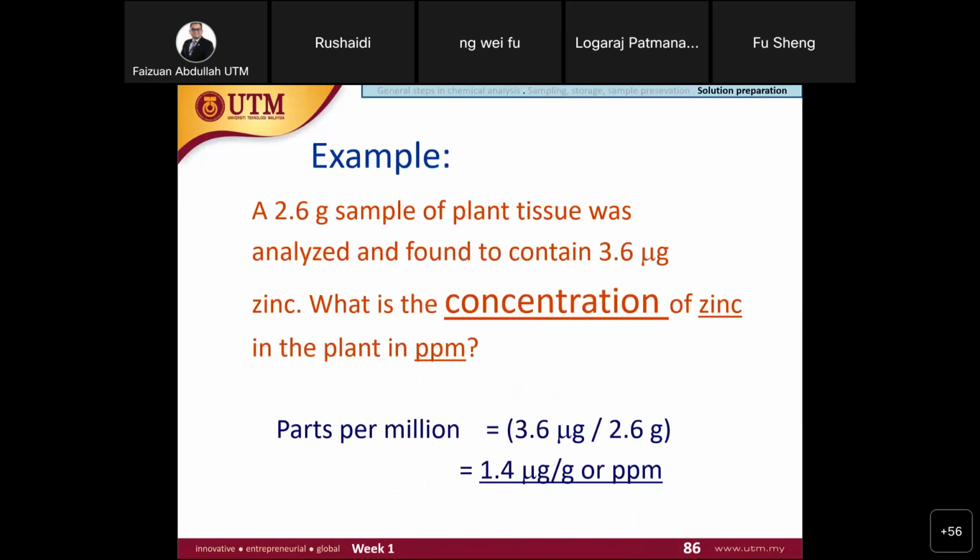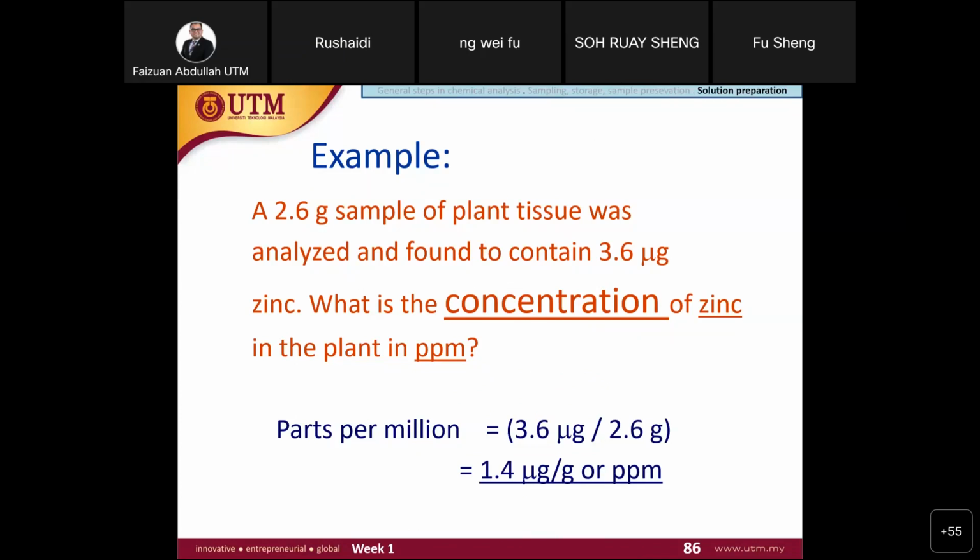A 2.6 gram of plant tissue was analyzed and found to contain 3.6 microgram of zinc. What is the concentration of zinc in the plant in ppm? So 3.6 microgram of zinc in 2.6 gram, right?